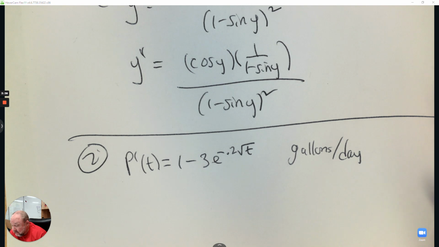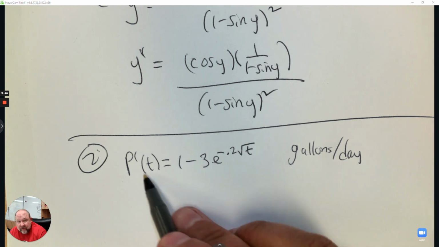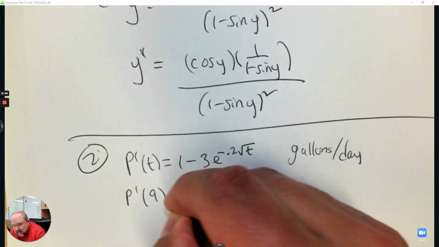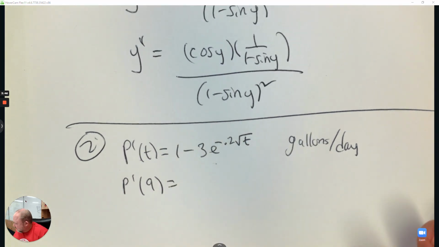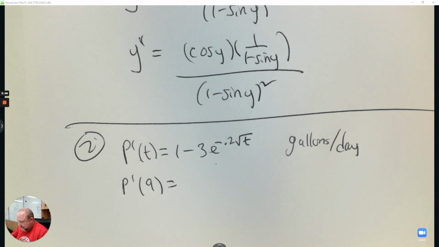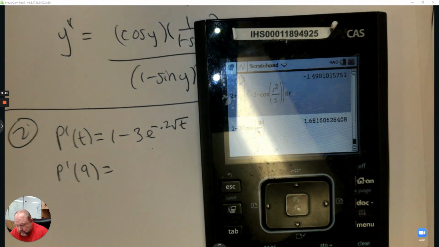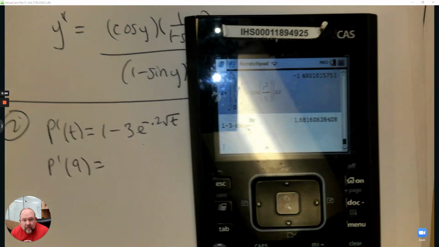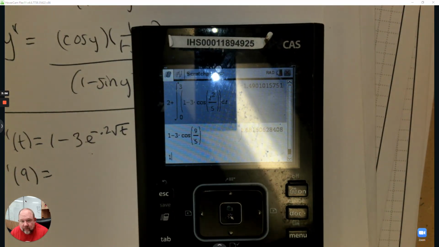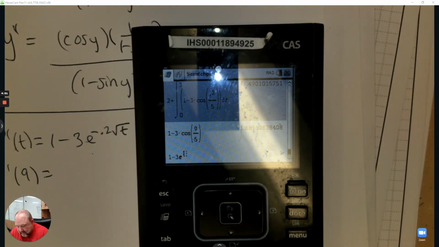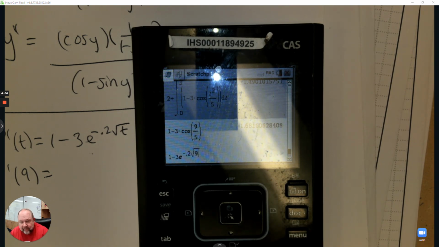So increasing is the derivative. So that's what we have. So I'm just going to plug in 9 and see if the answer is positive or negative with my calculator. So it's just plug. So I go 1 subtract 3 e, that's on the left, and then negative 0.2 and the square root of 9, just like that.